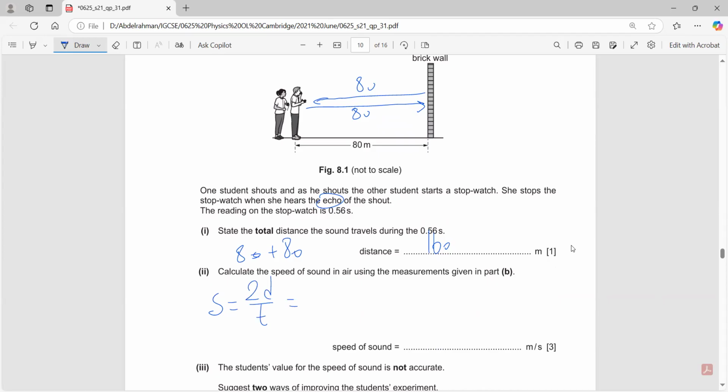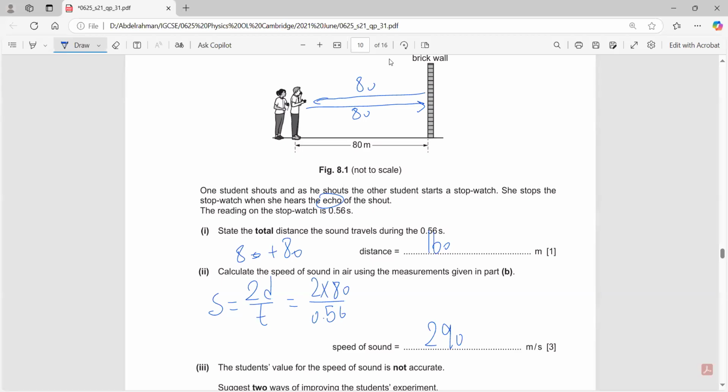We already found the 2d, which is 2 times 80, over the time, which is 0.56 seconds. 2 times 80 divided by 0.56 would give you a speed of around 290 meters per second.